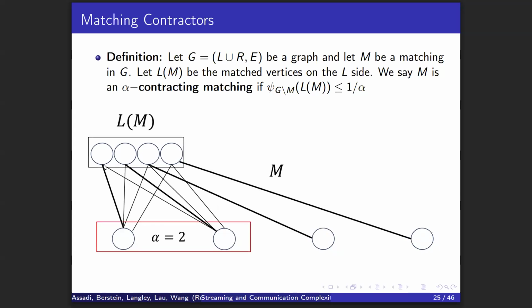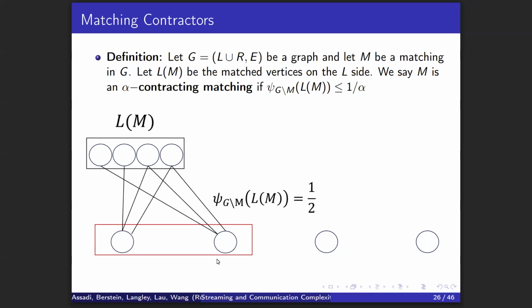It's just for any particular matching, if I look at the vertices on the L side of the matching, all the edges coming out of these vertices that are not matching edges have to be captured by a small set of vertices on the right side. So for every edge, there exists some set of vertices that is matched to the other side, and that edge is contained in that matching.